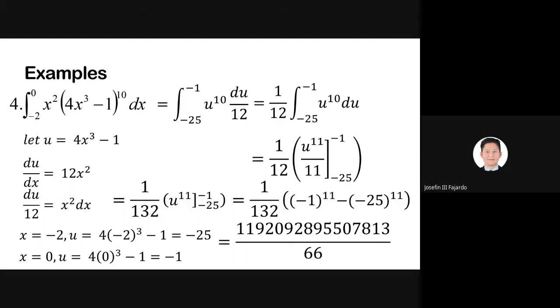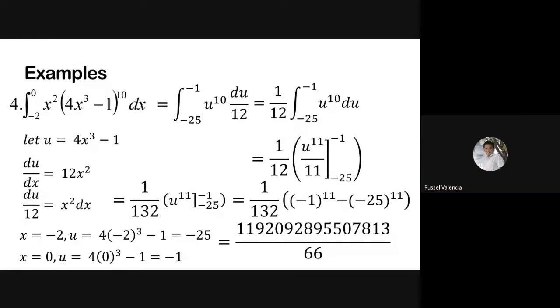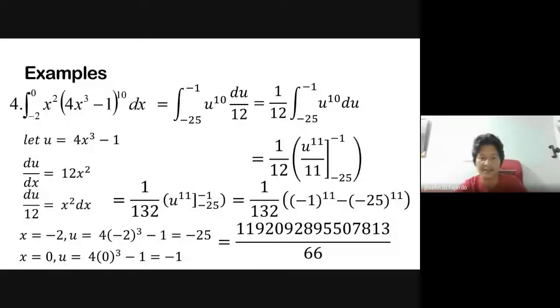Okay, so let's have the next example. Are you ready? Yes po, sir. Okay, so let's have the next example, this one. Okay. So the same thing, let's proceed with the substitution method ulit. So notice when I get u to be x squared and then I get the derivative.